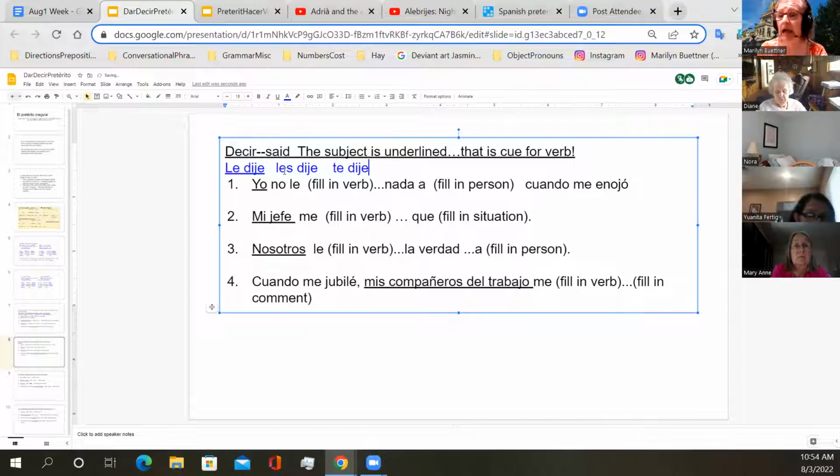Te dije, I told you. This verb decir in preterito is usually in a normal conversation going to be paired up with me, te, nos, le, or les, because you said something to somebody, and the to somebody has to be the me, te, le, les, or nos, right?